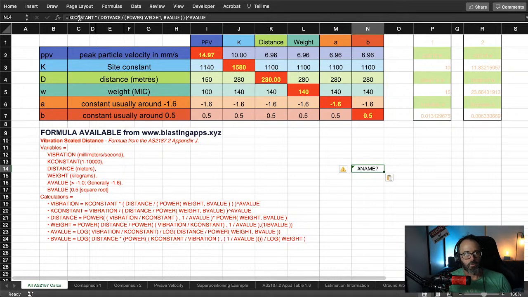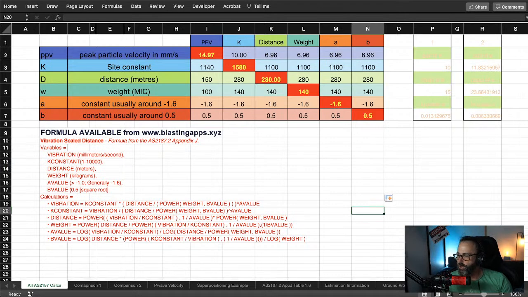It's going to have a little complaint because it's looking for these, and then I'm just going to select where the K value comes from, where the distance comes from, where the weight comes from, my square root, and my attenuation value, and click the tick, and now I get exactly what this number is. So this is how easy it is to make that calculation. I've done the work for you, and it's all on that website.